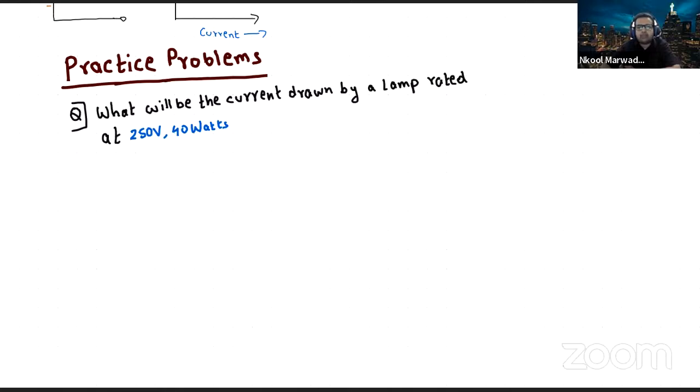So I have a lamp with this rating, and it is connected to a 230 volt supply. So let us see how to solve this.